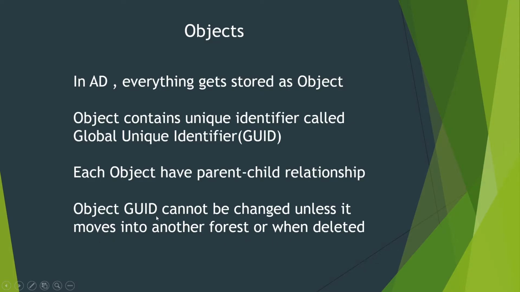So it's very hard to change the unique identifier of a particular object in the forest. Don't worry about the forest, we will see it in the next videos. Whenever the object is moved into another forest, the unique identifier gets changed. Otherwise, when it gets deleted, the unique identifier gets released.